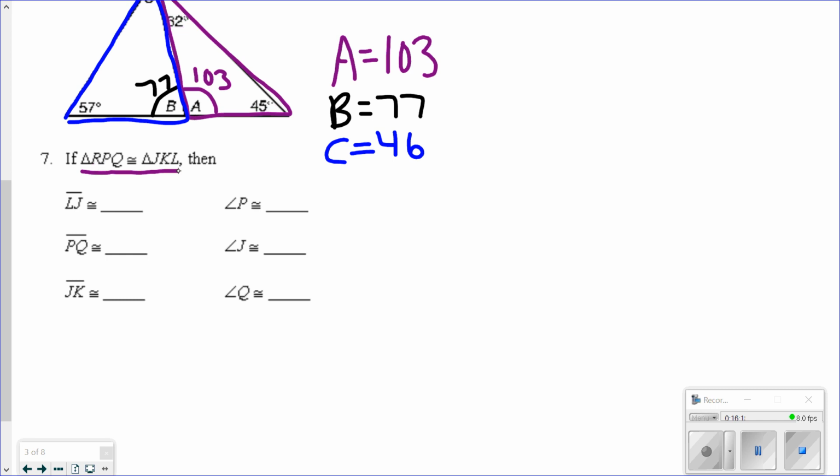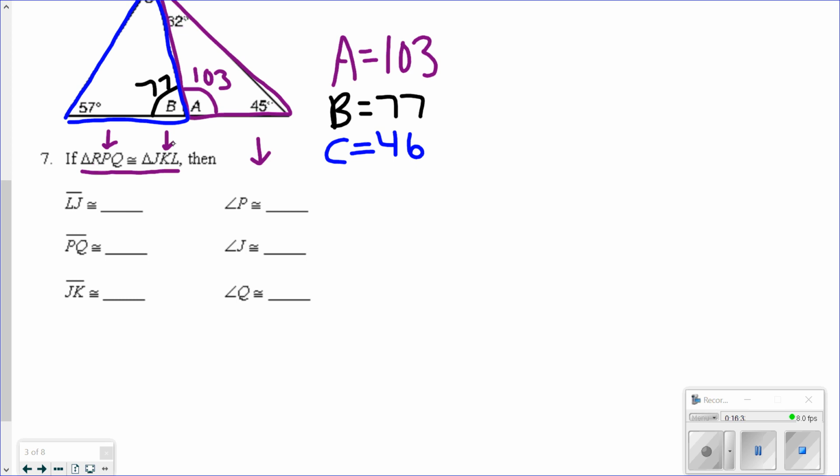So, for example, I'm going to look at these angles. I'm going to start on this side. So angle P. I look here, angle P is the second letter in this triangle, which means it's also going to be congruent to the second letter of this triangle.